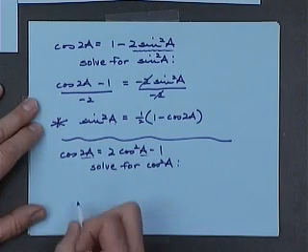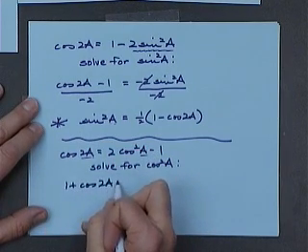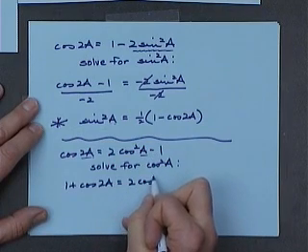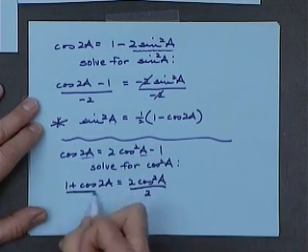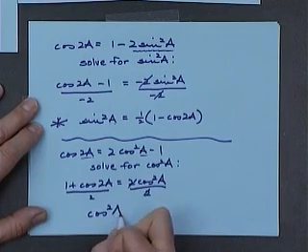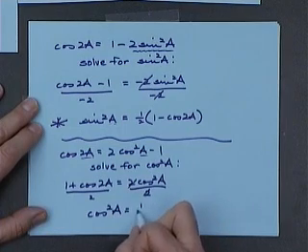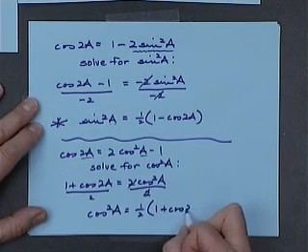So what? Add 1 to both sides? Divide both sides by 2. So cosine squared of A is 1/2 times 1 plus cosine of 2A.